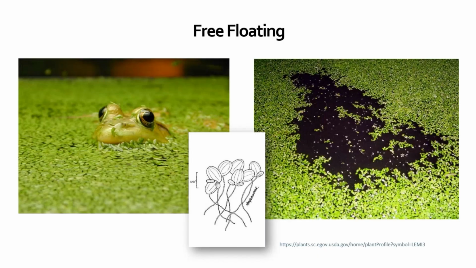Free floating are like the duckweed that I mentioned earlier, and the line drawing in the middle shows what they look like if you look very close. So the leaves are very tiny, but they're little leaves, and they're not attached down into the substrate. They're just floating around with little leaves and a tiny root that just hangs down into the water. That's free floating.